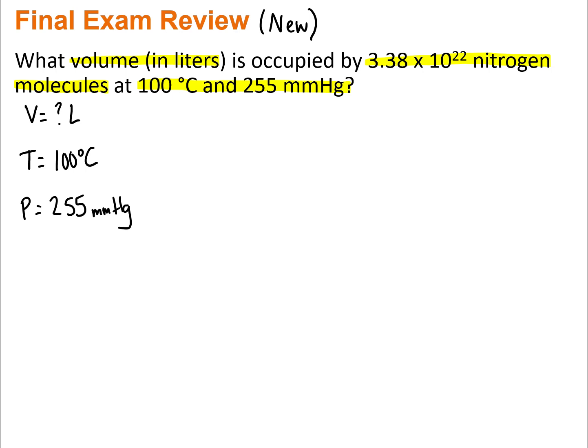The number of molecules can be linked to a mass, or it could be linked to moles. And since we're doing gas laws, we've only got one set of information, one pressure, one temperature, we're looking for a volume, and we're told the number of molecules. That means we should use the ideal gas law.